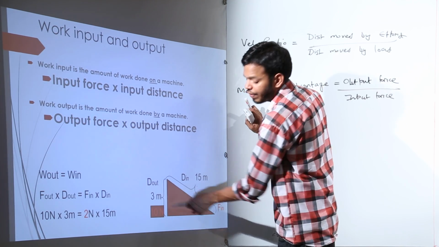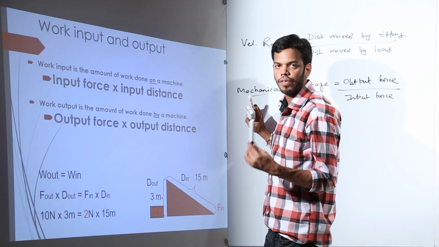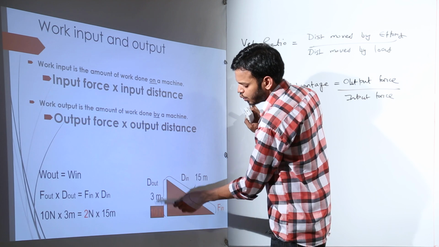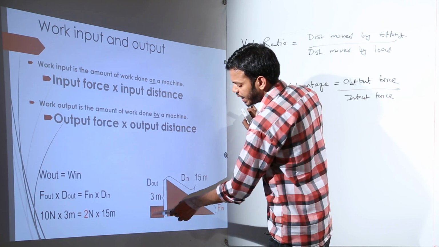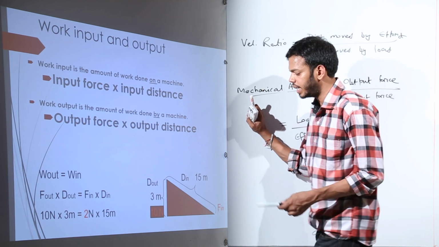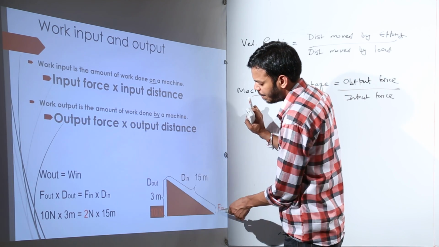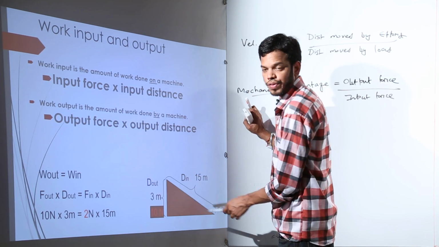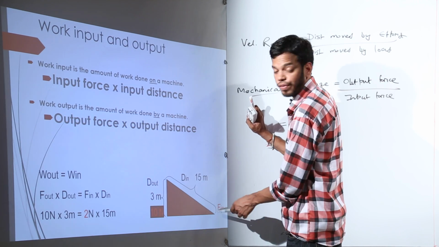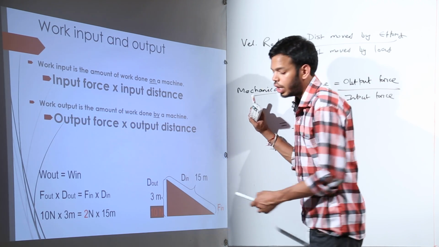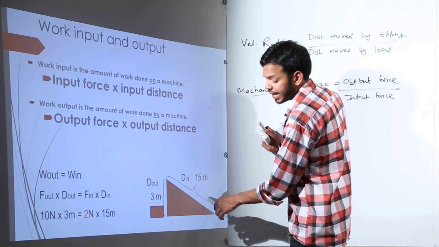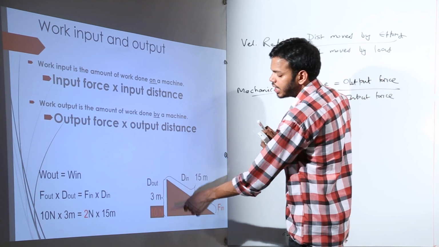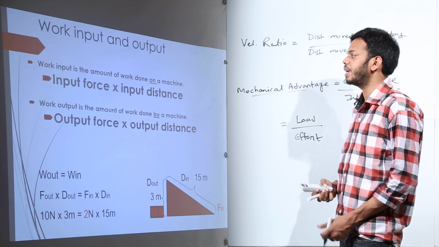This is a mass of 1 kg, so the weight becomes 10 newtons. If this has to be raised this much, the work done is 10 times 3, and here it will be 2 times 15, because the length of the slope is 15. So the same amount of work can be performed either by taking a 2 kg block up the slope or a 10 kg block up to 3 meters. So this is how inclined planes work.